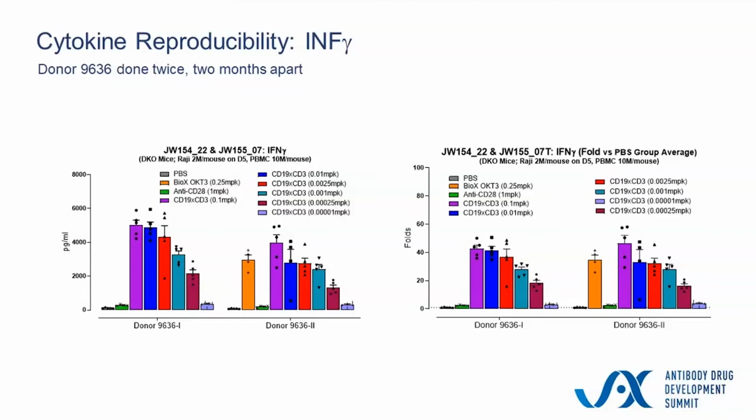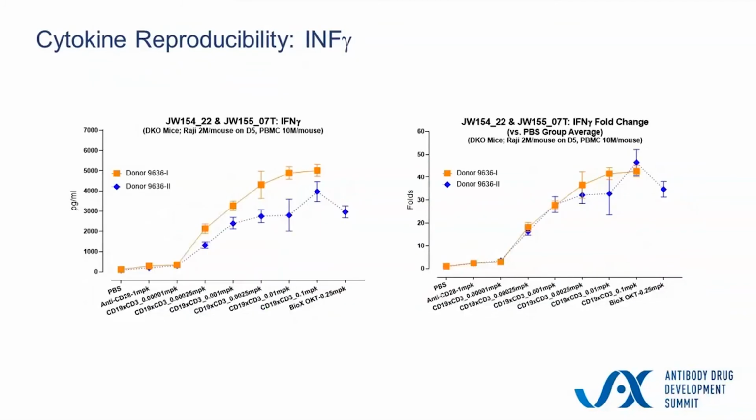And this is showing the left-hand side is picograms per mil. On the right-hand side is fold increase. And you're seeing this is the raw numbers going forward. This is showing you the effects of these 2 experiments done 2 months apart. 9636 experiment number 1 in orange and experiment number 2 in blue.